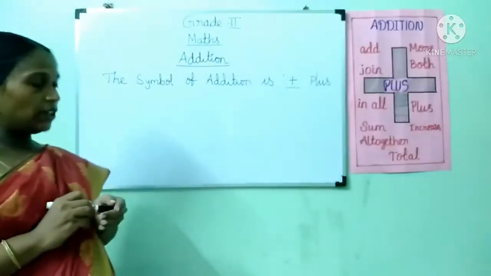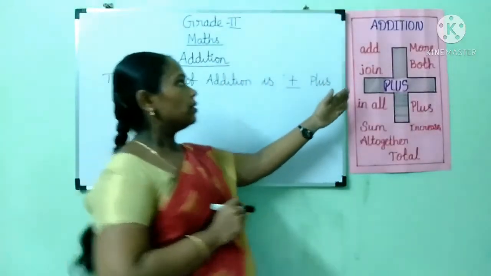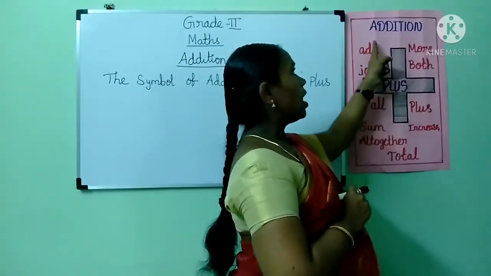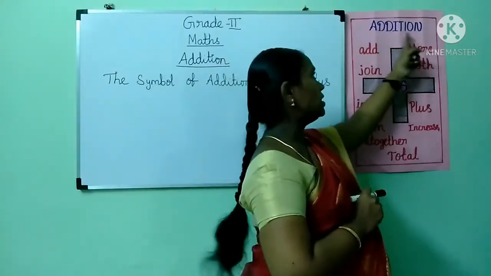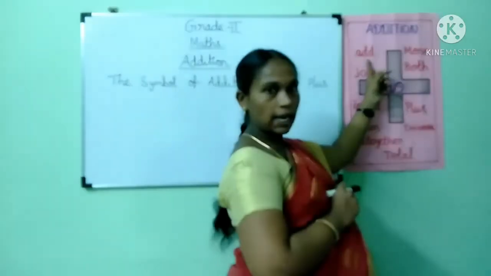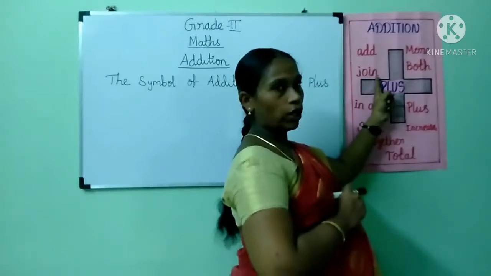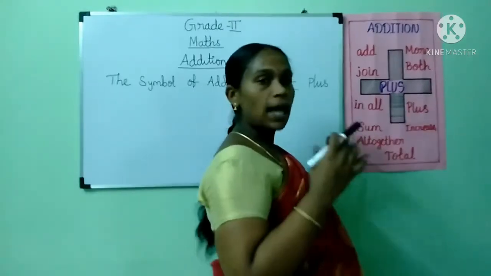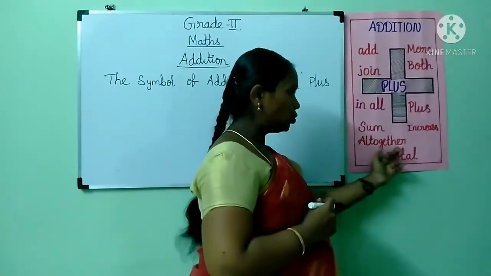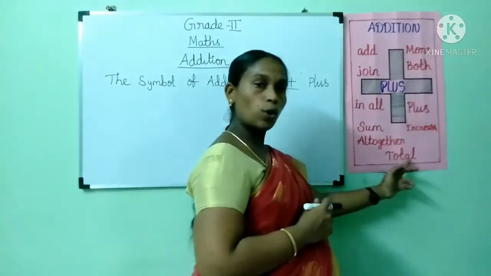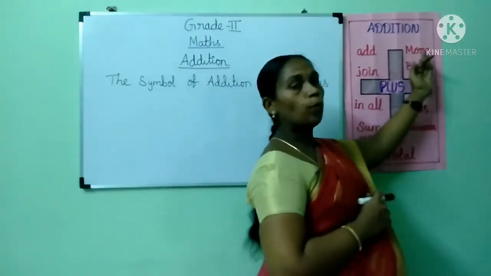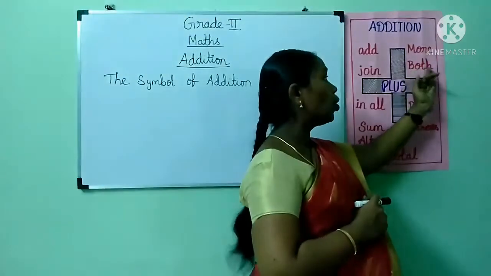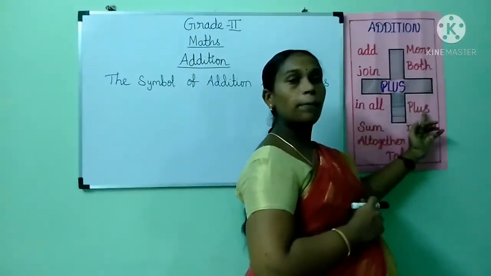See, here are given some words in addition. Addition means add. Addition means join. Addition means in all. Addition means sum. Addition means altogether. Addition means total. Addition means more. Addition means both. Addition means plus.